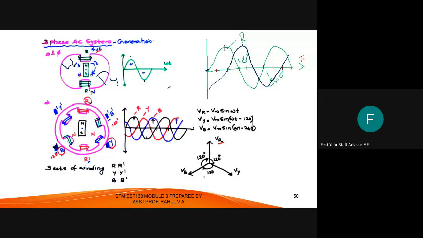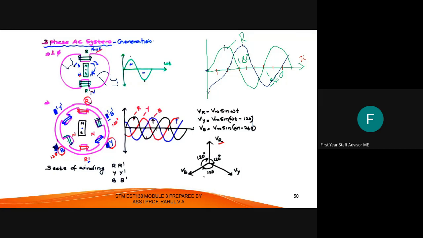Okay, so what I can do is, I have placed the B winding here after the Y phase. So opposite of B is B dash. It is also placed just opposite to that.